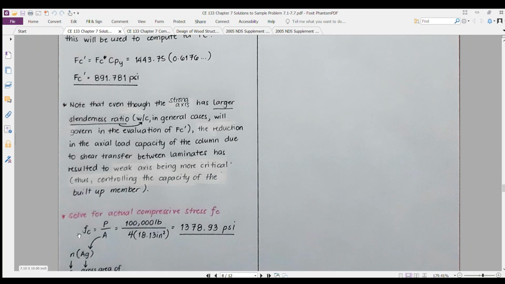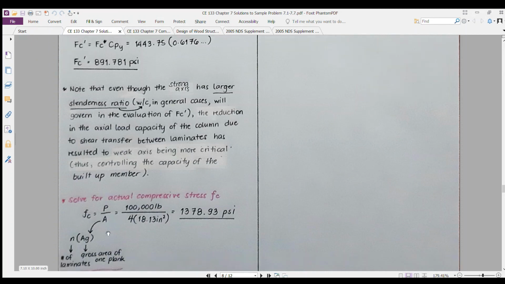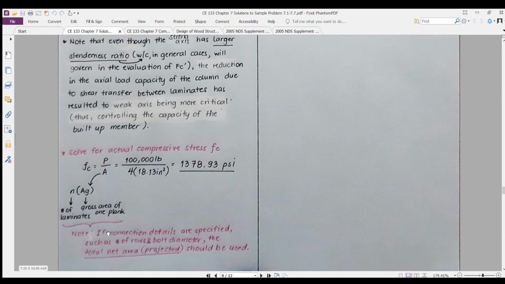Now solving for the actual compressive stress, FC, we have here P over A. So we have 100,000 over 4 multiplied by 18.13 inches squared. So for the area we have N multiplied by the gross area of one plank.